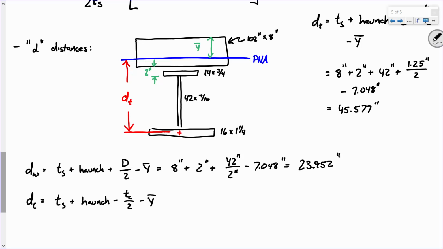Does that make sense? I got to bring that back up. So this should be a pretty small number. What do you got? There you go, like 2.5 inches.